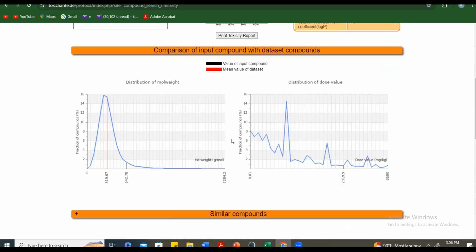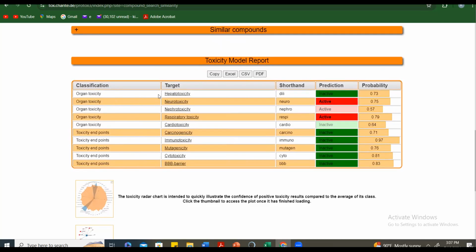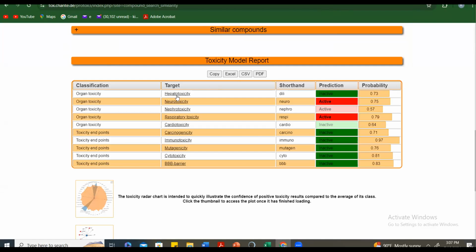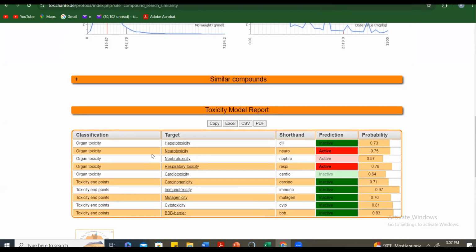Let's go down now to our toxicity prediction. It says the liver is inactive, which means it's not likely to cause damage to the liver. Neurotoxicity is active, which means this drug could possibly affect the nerves.